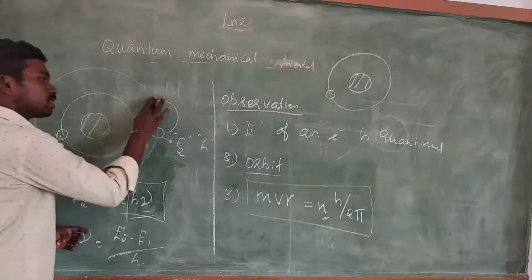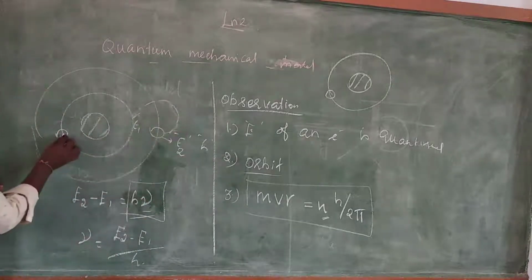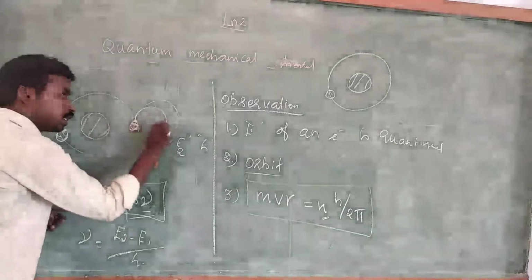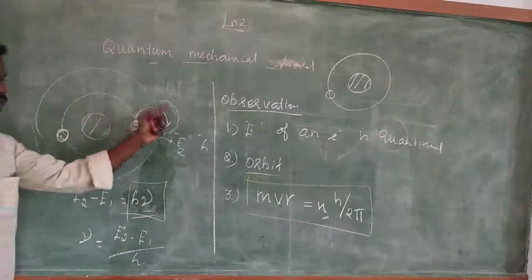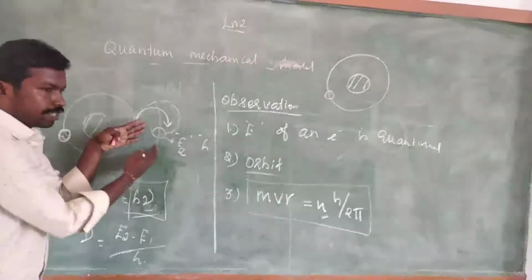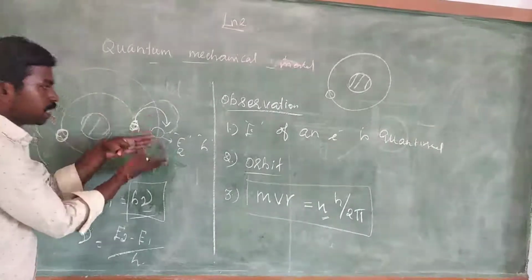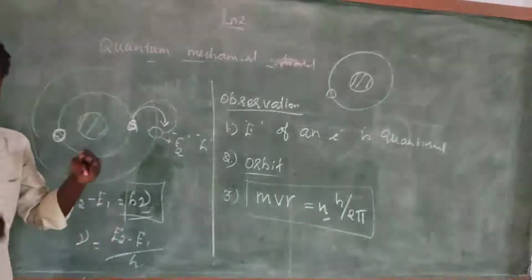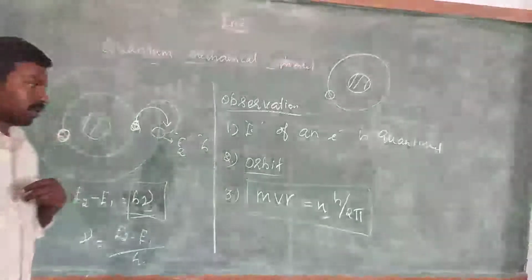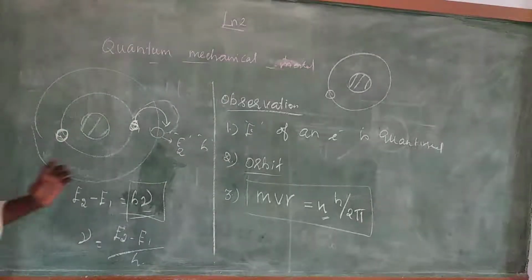Likewise, we can study the reverse way. When the electron is jumping from lower state to higher state, in the higher state the energy is excess, so that excess energy we have to supply for the electron to jump from the lower state to the higher state. Okay, so these are the 4 observations of the Niels Bohr atomic model.